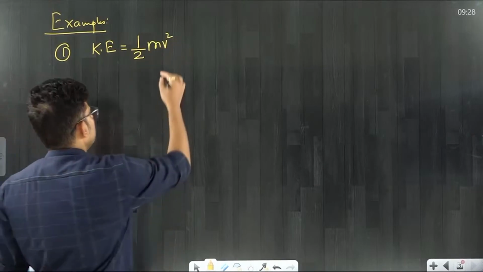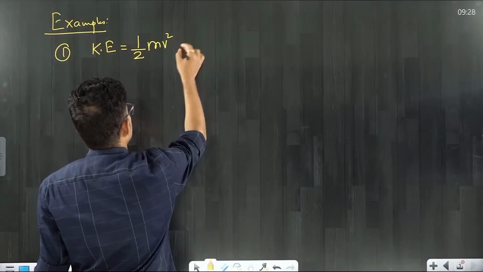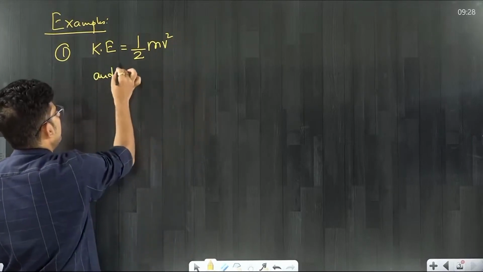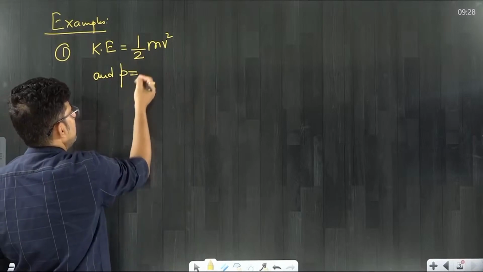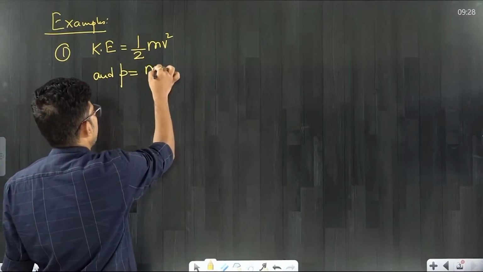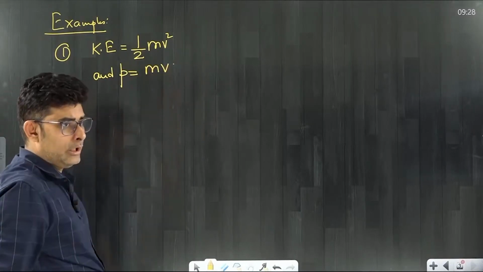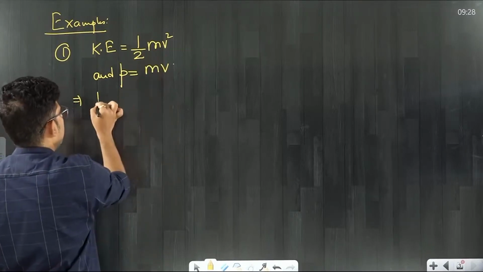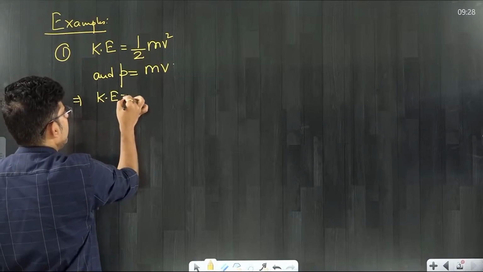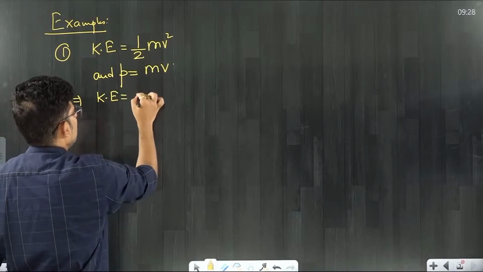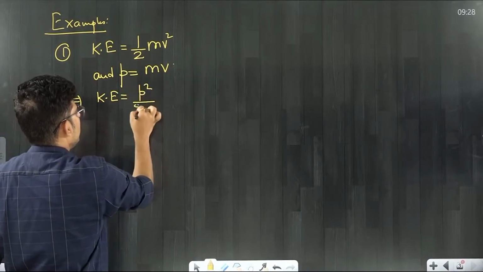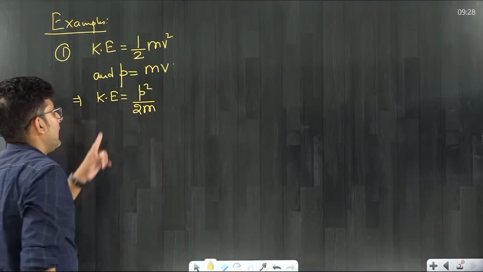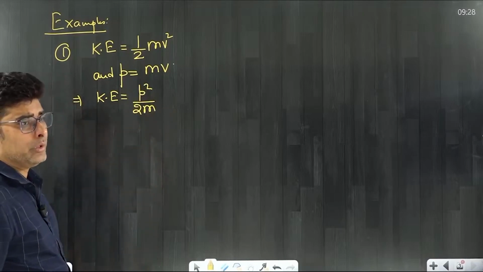You also know kinetic energy and momentum are a very commonly asked question, so I am using this. Momentum we know the formula as mv. So if you substitute over here, can I write kinetic energy is equal to P square by 2m? Can I write so?